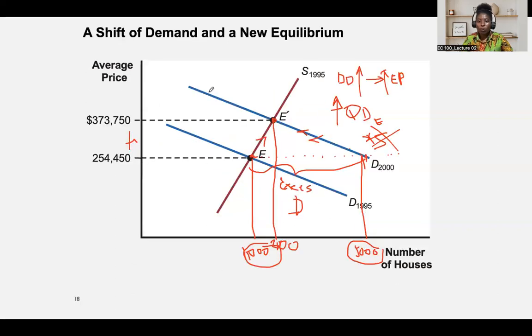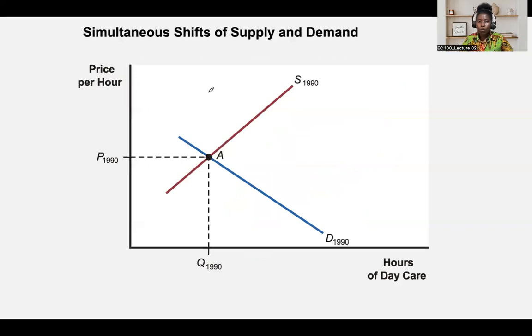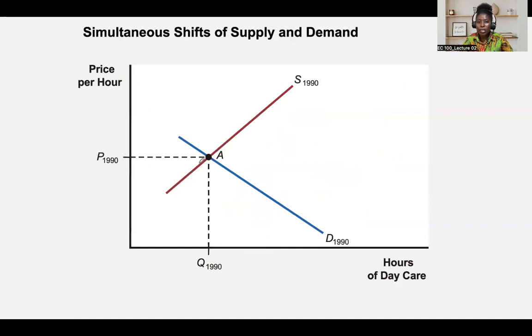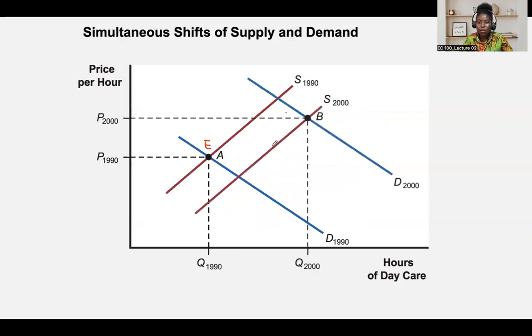Okay, so let's move to when there is a simultaneous shift. By simultaneous shift, what we mean is this. Before, you only had supply and demand and your equilibrium point. So this is your equilibrium, right? Very peaceful, very clean. But then stuff happens.